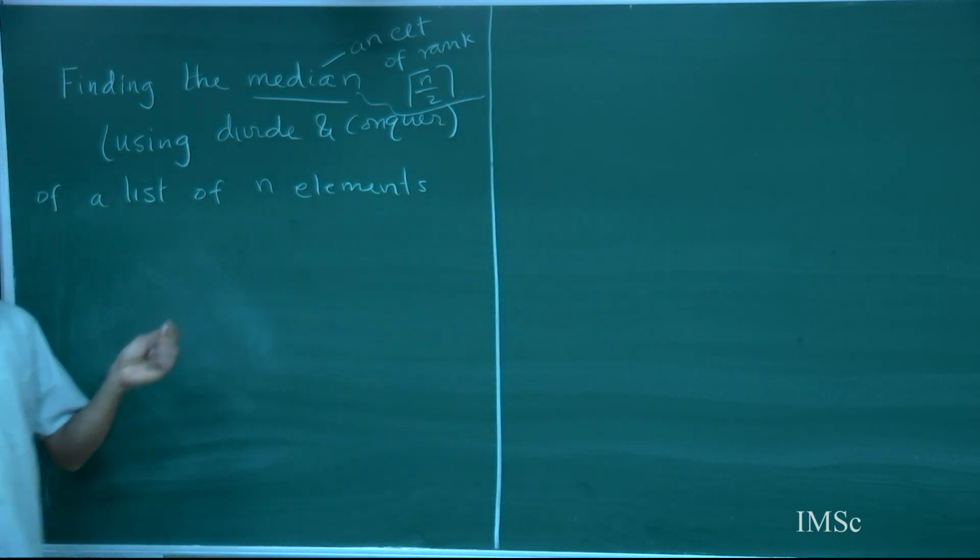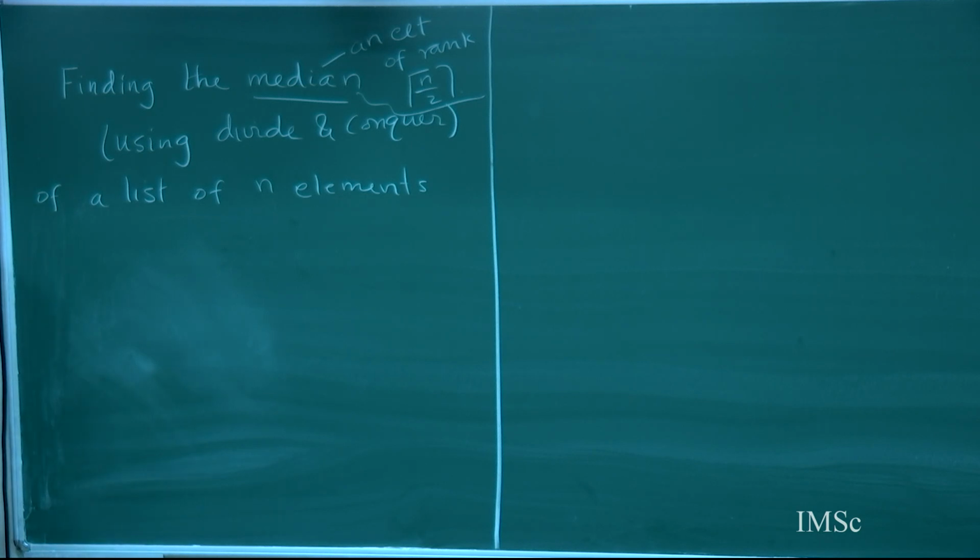So you basically write the sorted order of the list and whatever is in the middle. Yeah. So you arrange them in sorted order, pick the middle element, and that's what we mean by the median element. Yeah.